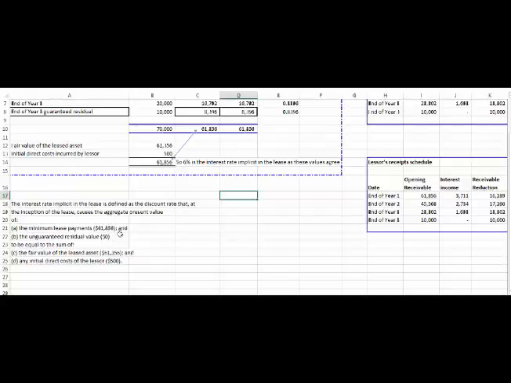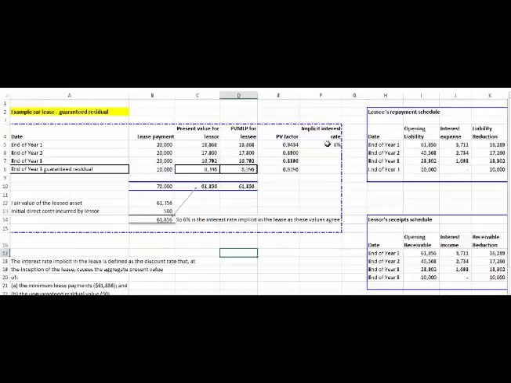So the present value of those amounts is equal to the sum of the fair value of the leased asset, the $61,356, and the initial direct costs incurred by this finance leasing company of $500.